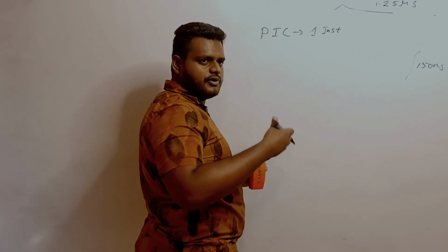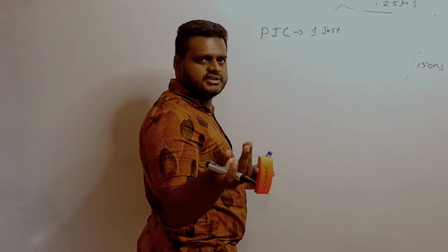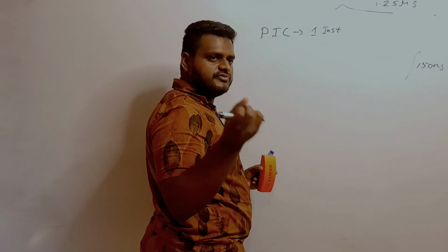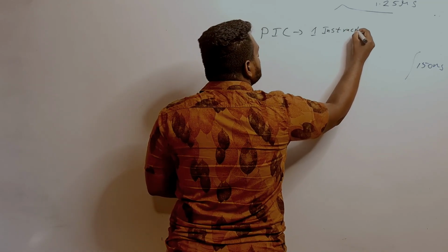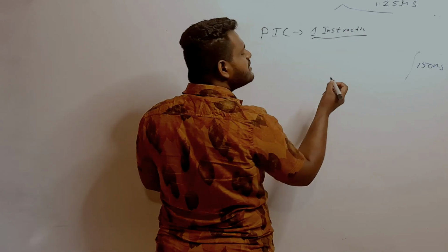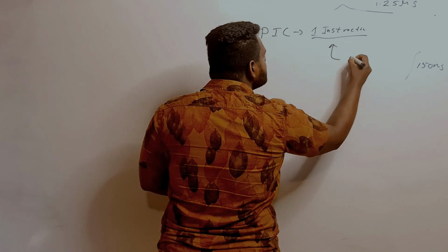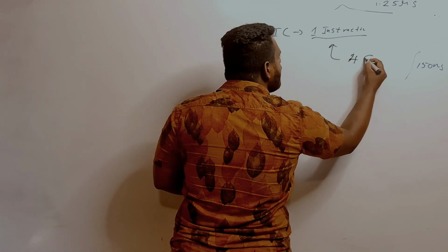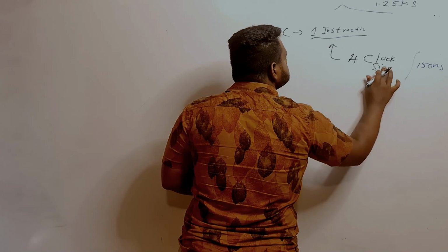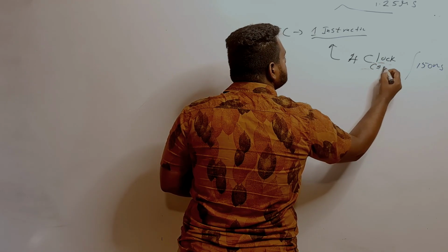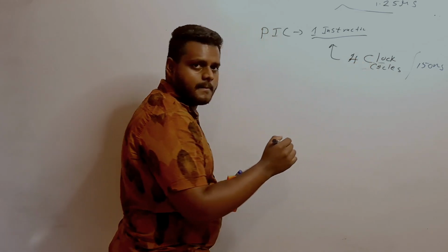Let's take, if you want to set some port to logic high, you want to write logic 1. That is one instruction. To execute one instruction, it needs 4 clock cycles. Four clock cycles, right?